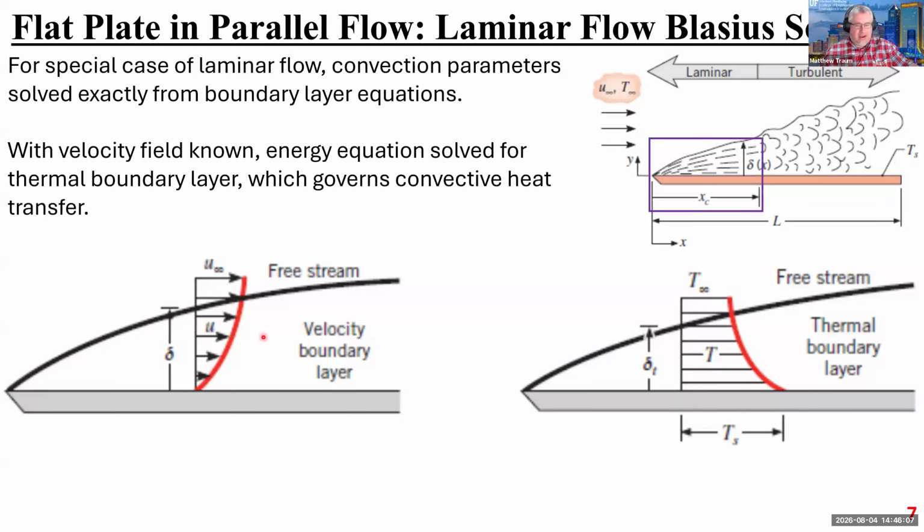So let's zoom down here and remember what the boundary layer looks like. Again, the boundary layer grows from 0 up as you travel down the plate, and its height at any particular spot is called delta. What is the boundary layer?